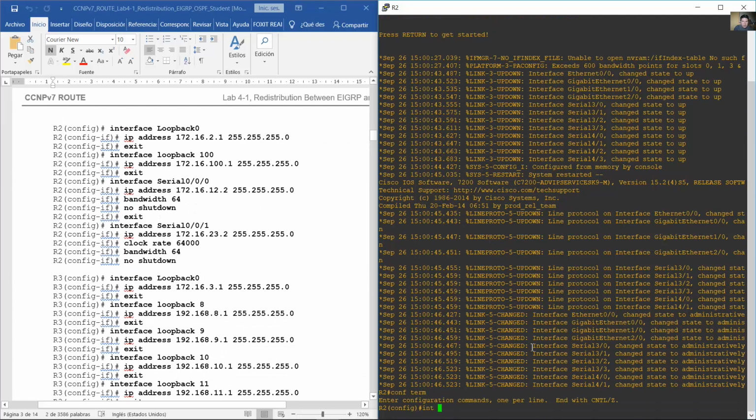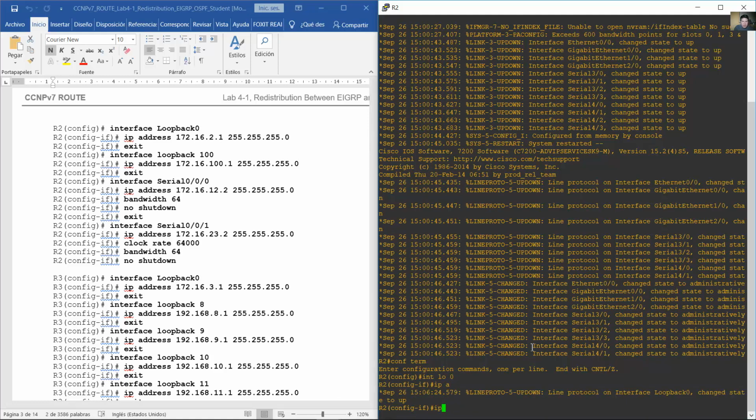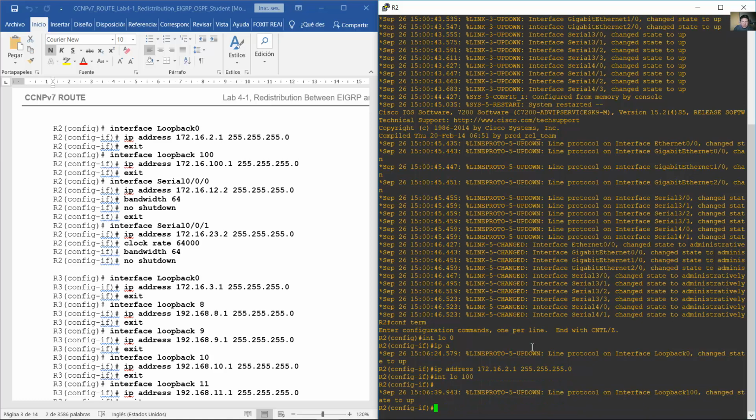Configure terminal, interface loopback 0, IP address, subnet mask. Loopback 100, IP address.